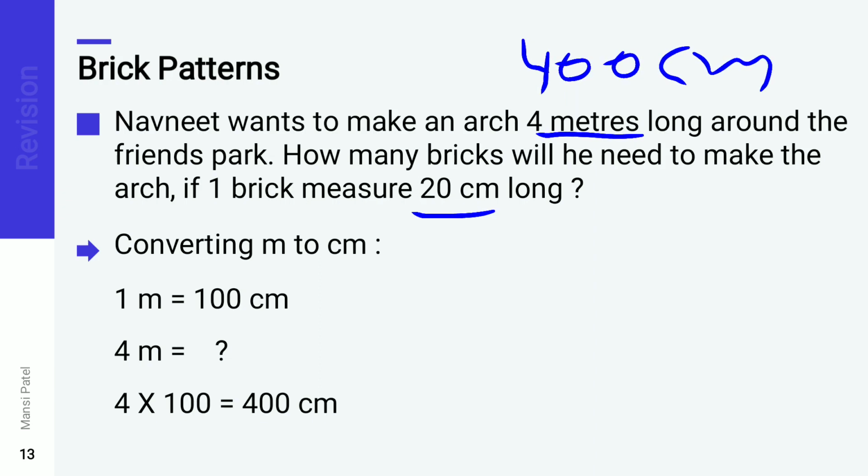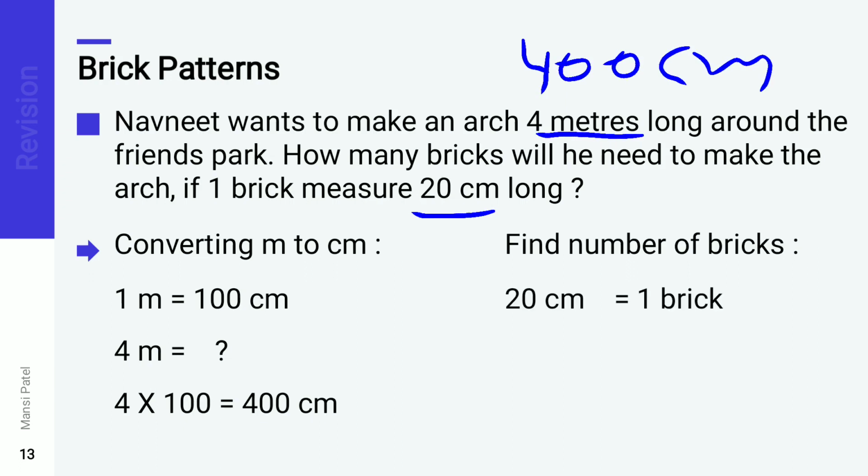Now we have to find out the number of bricks. So we can say that 20 centimeter is the measurement for one brick. So 400 centimeter is equal to question mark. Now the number which is written in the cross, do the multiplication. So 400 multiplied by 1 is equal to 400.